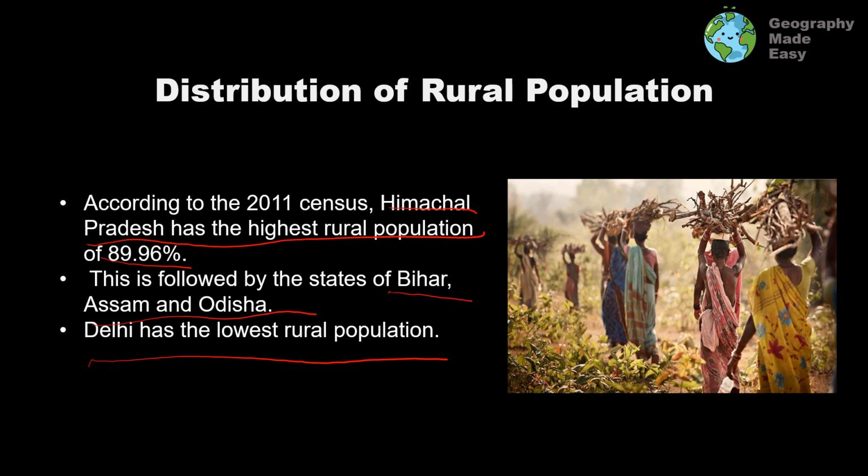It actually was an amalgamation of villages, and we still hear in certain parts of Delhi the names of villages which have been converted into or amalgamated into the urban fabric. So it has the lowest rural population, and the NCR region, as Delhi expands, is slowly becoming urban.